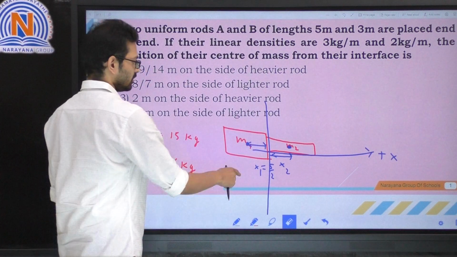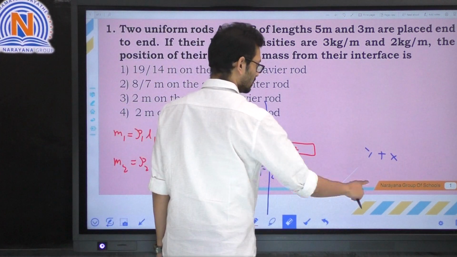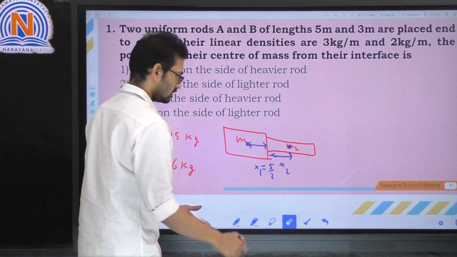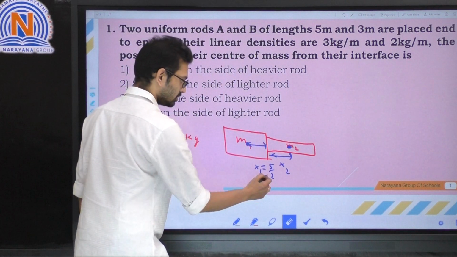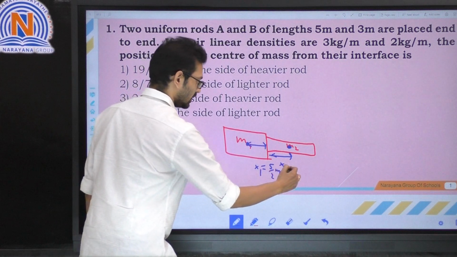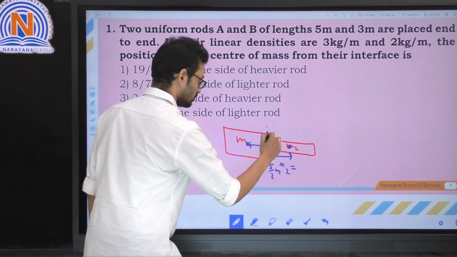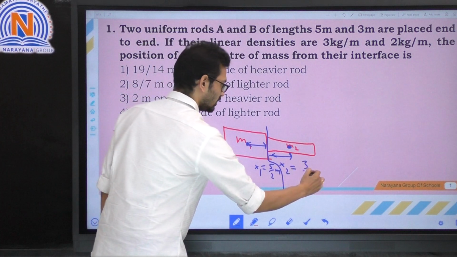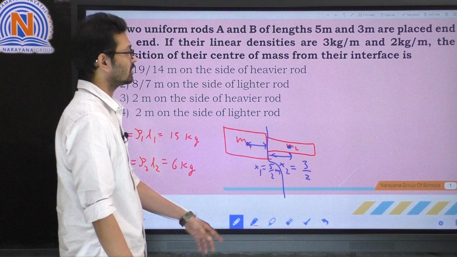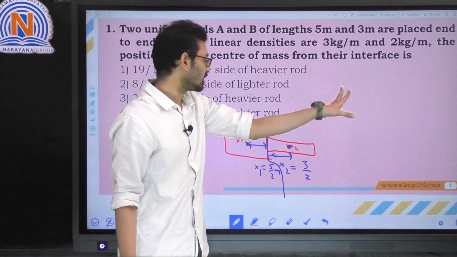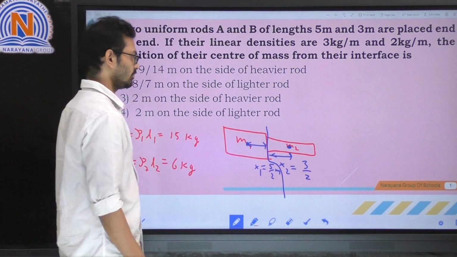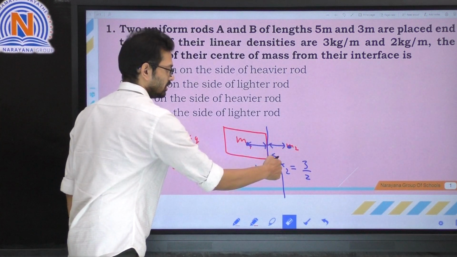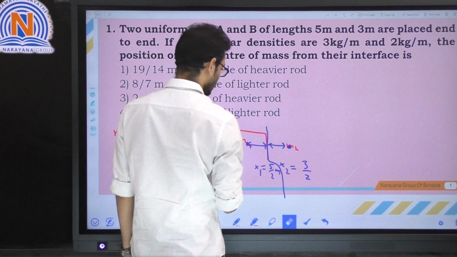So x1 is equal to 5 by 2 meters and x2 is equal to 3 by 2 meters, because the lengths are 5 and 3 and we take half of each. From here to here is the length for the second rod.